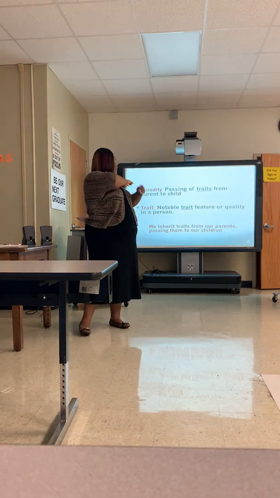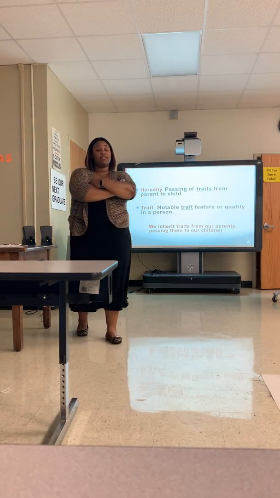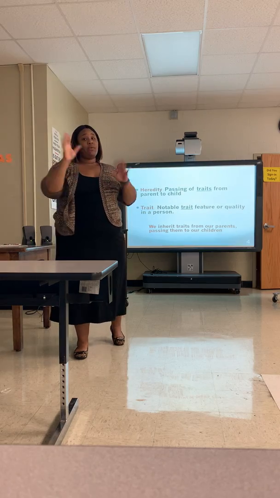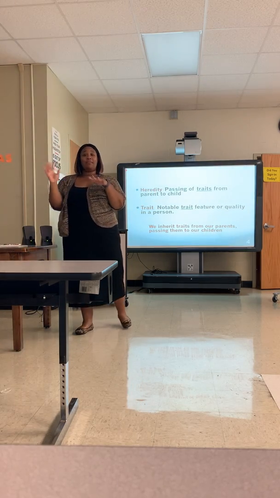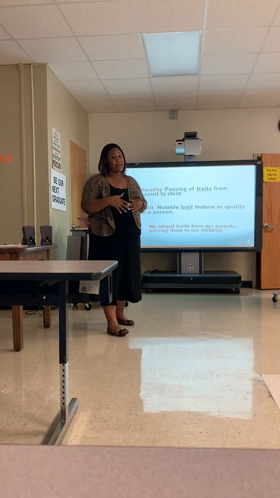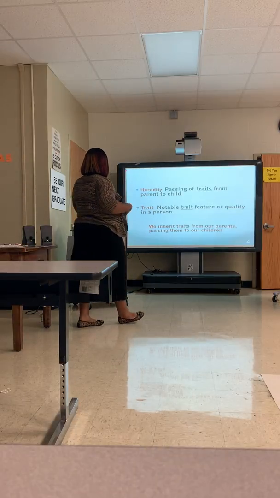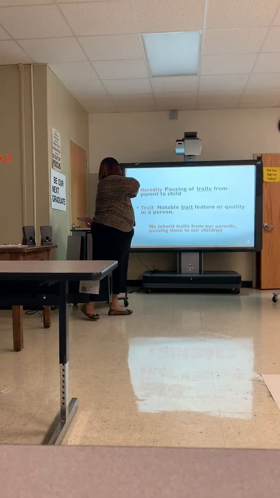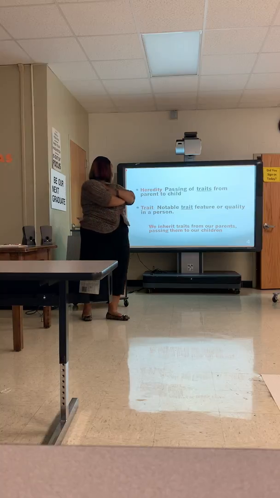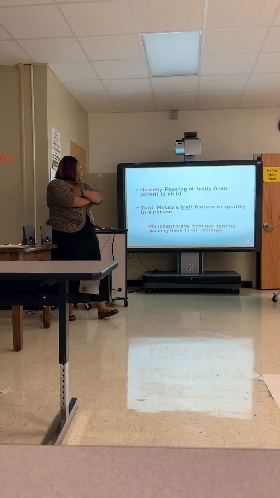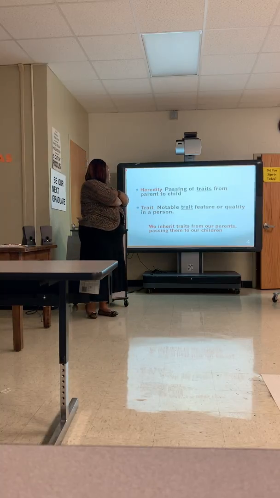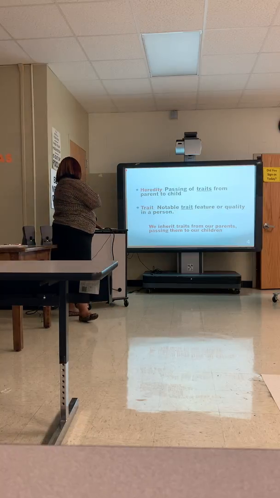So what we're going to do is prepare your KWL chart to see if your definitions of what you know and what you learned match what we went over yesterday. Heredity is the passing of traits from parent to child. A trait is a notable feature or quality in a person.